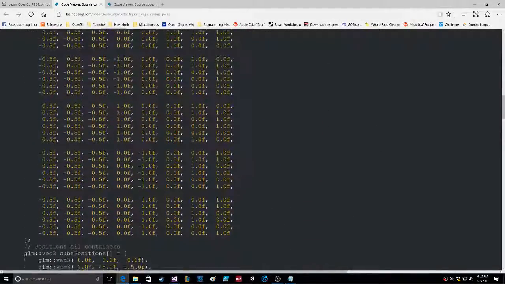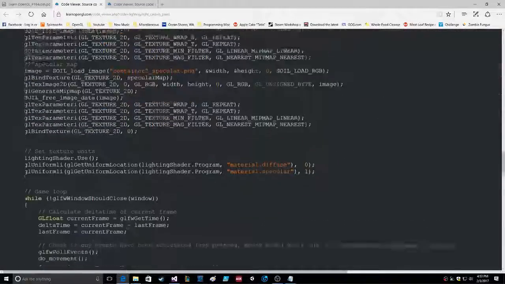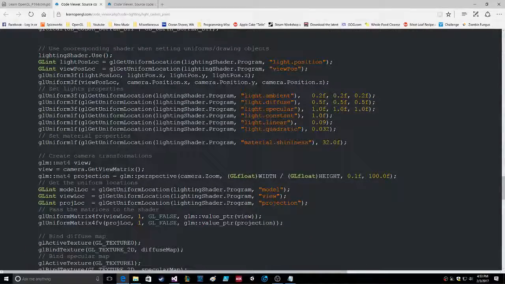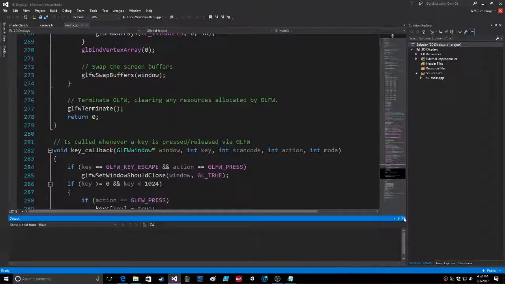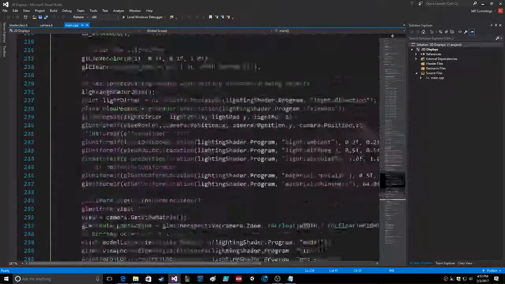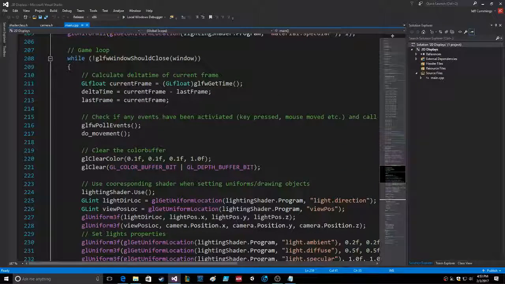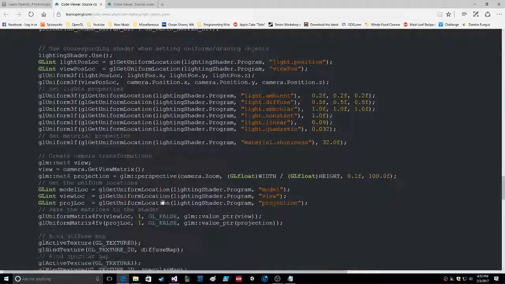Okay, cube positions, look at all this. Material, diffuse, specular, light, ambient. Ah, there we go. So now we're getting into the position, view position. Do we have that? Let's look. So probably right in there is where we're missing the... nope, right down here. Sorry.